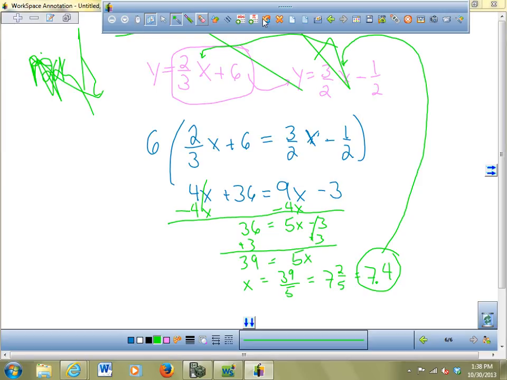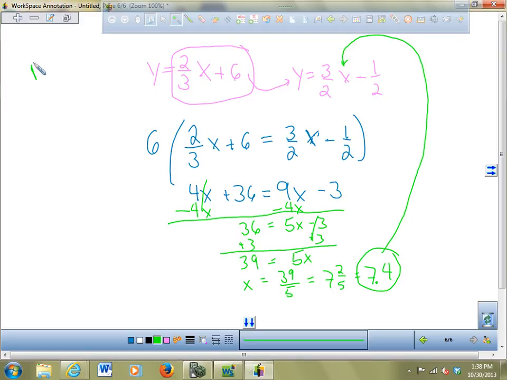Oh, there it goes. Page 214, just 7 problems, 1 through 15 odd. Just a little review of algebra.